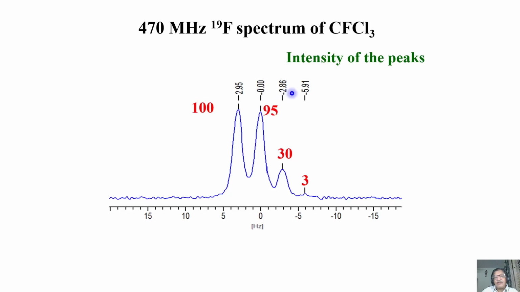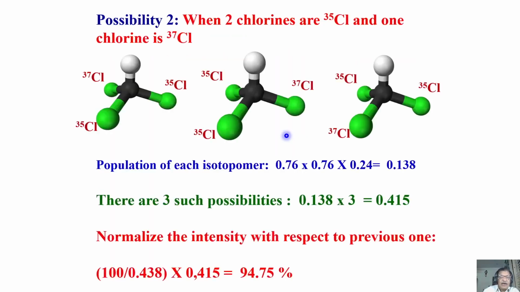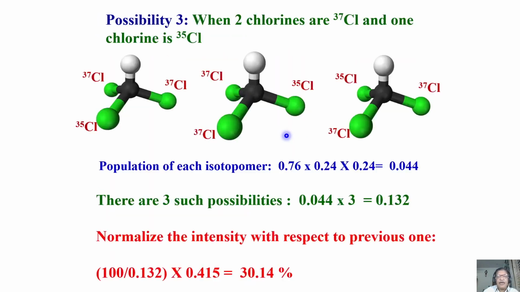And take the difference between this and this, and this and this. You can find out the chemical shift effect of different isotopes, how much it has shifted due to isotopic substitution. And this is due to the isotopic effect. Okay, very clear now.